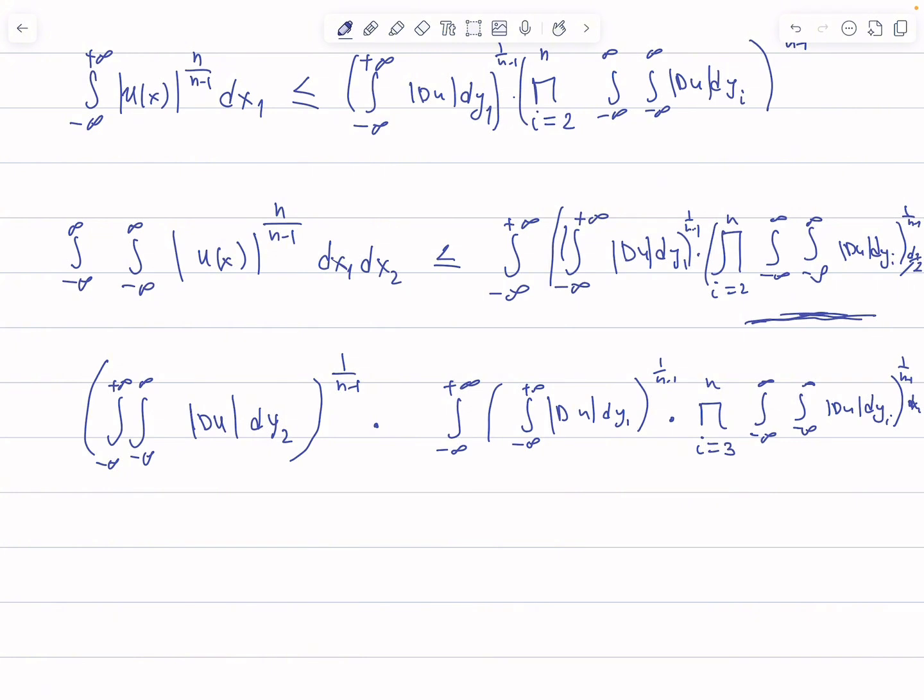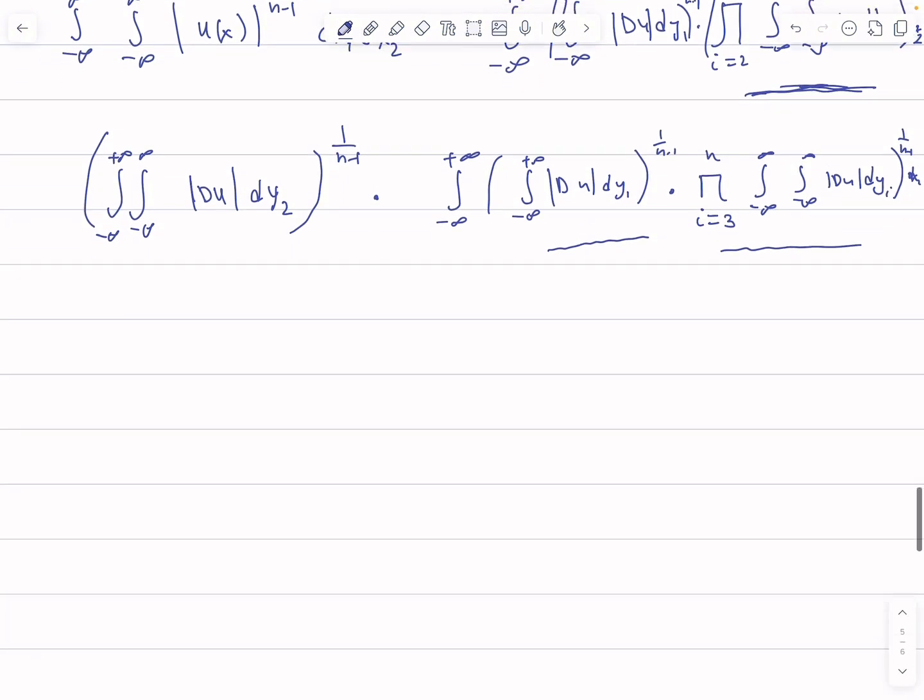So here we have n minus 2 terms, because n minus 3 plus 1 is n minus 2, and with this one it becomes n minus 3 terms. We have a product of n minus 1 integrals.